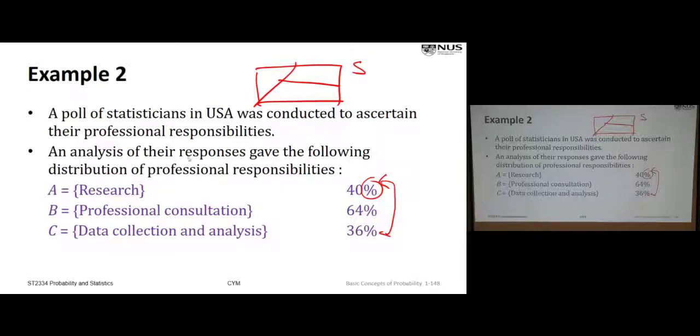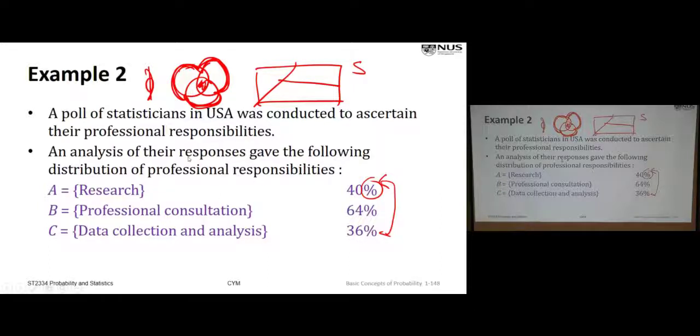But what I have now is, maybe I better label A, B, and C. So this together is my group of statisticians. Some of them belong to A, some belong to B, some belong to A intersect B, some belong to A intersect B intersect C. This part belongs to A intersect B intersect C.